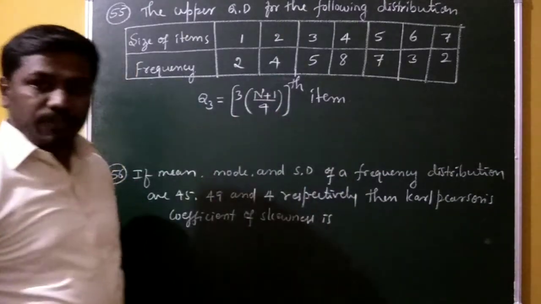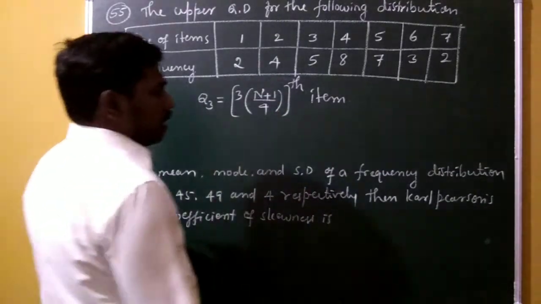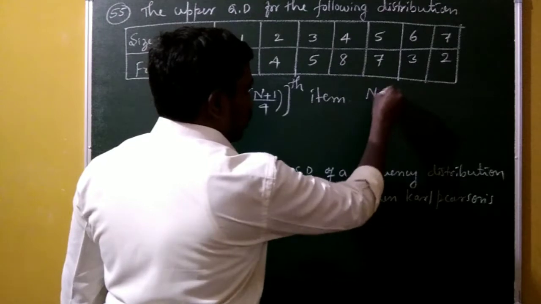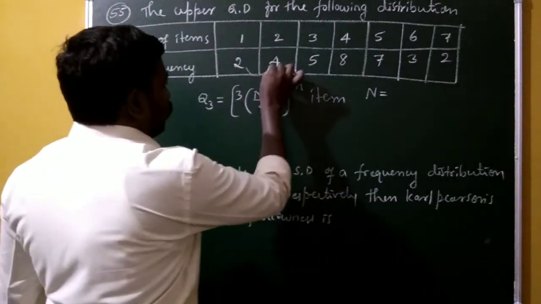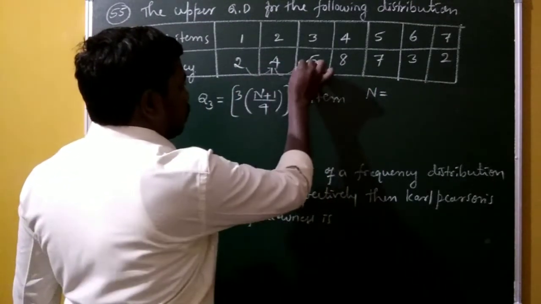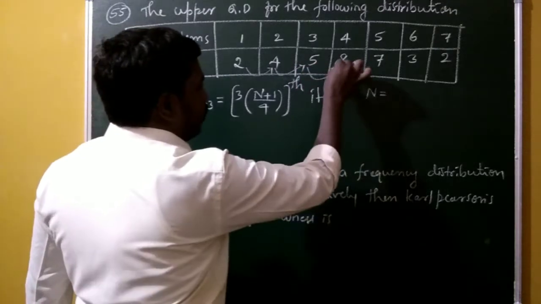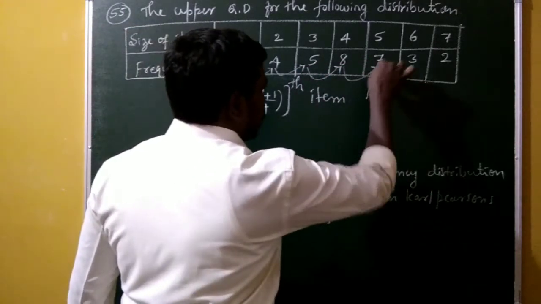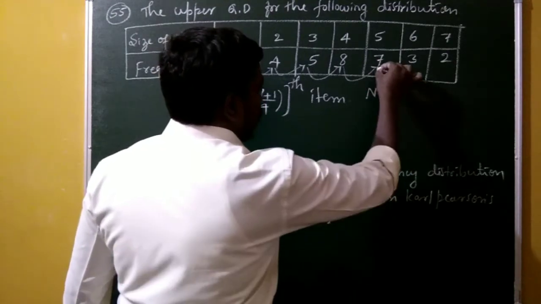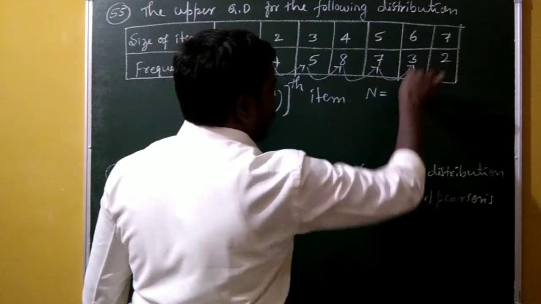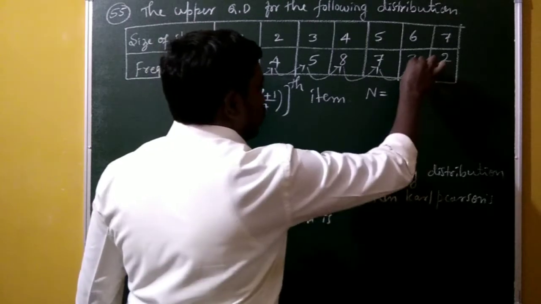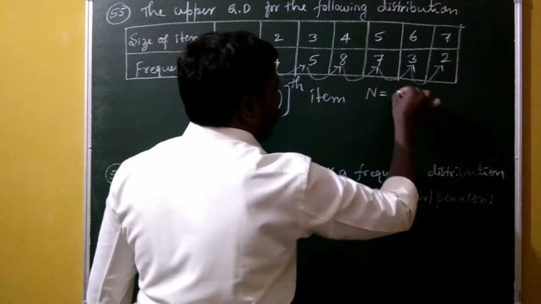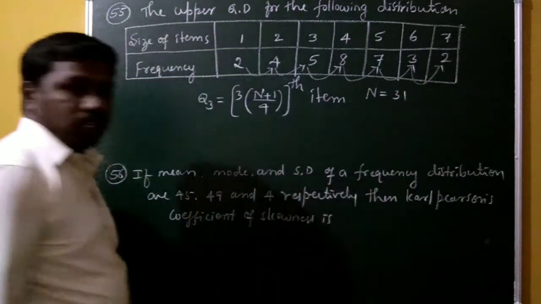The sum of the frequencies. Let us see what the sum of the frequencies is. 2 plus 4 is 6, 6 plus 5 is 11, 11 plus 8 is 19, 19 plus 7 is 26, 26 plus 3 is 29, 29 plus 2 is 31, right?